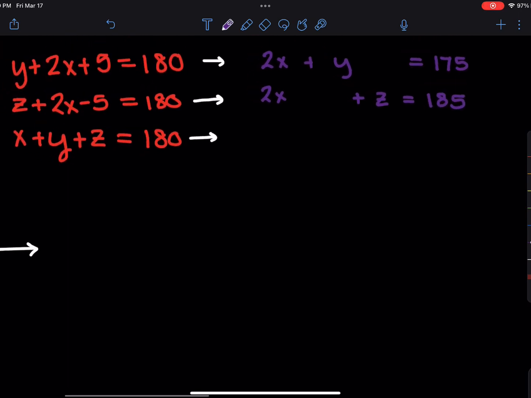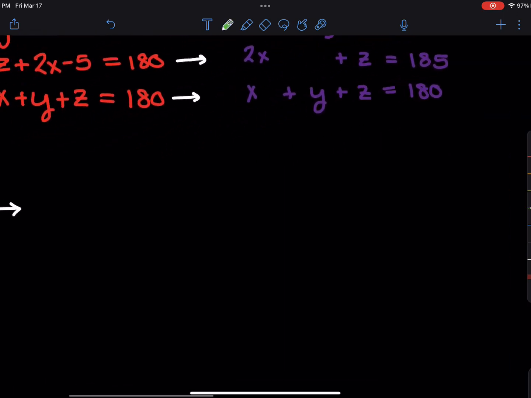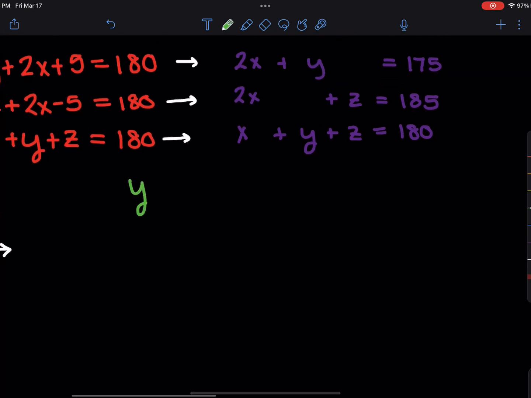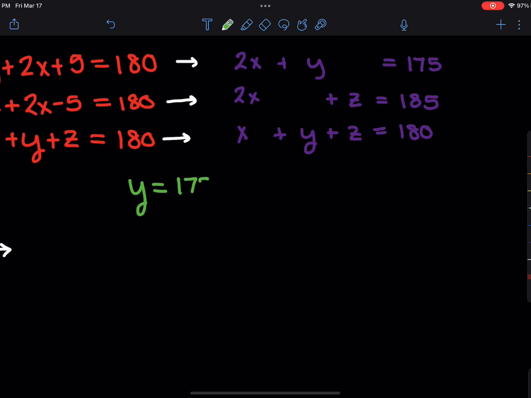And then that last equation pretty much stays the same: x plus y plus z equals 180. Because we have that equation with all the single variables, it's easy to solve for y and z from the first two equations and plug them into that last one. So y is equal to 175 minus 2x. And then z, based on the second equation, is equal to 185 minus 2x.